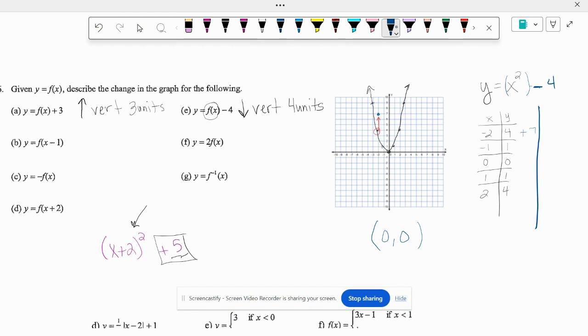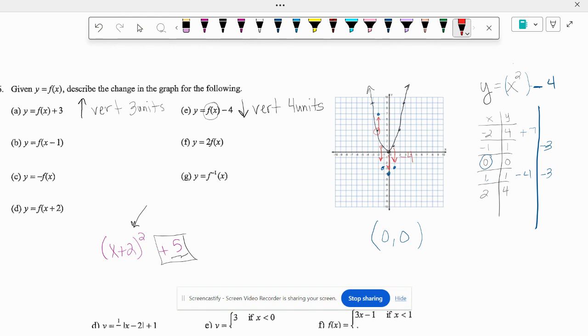If I let x equal 0, 0 squared is 0, minus 4 is -4. 1 squared is 1, minus 4 is -3. -1 squared is 1, minus 4 is -3. So what I want you to see is that I'm taking this graph and shifting every point down 4 units.